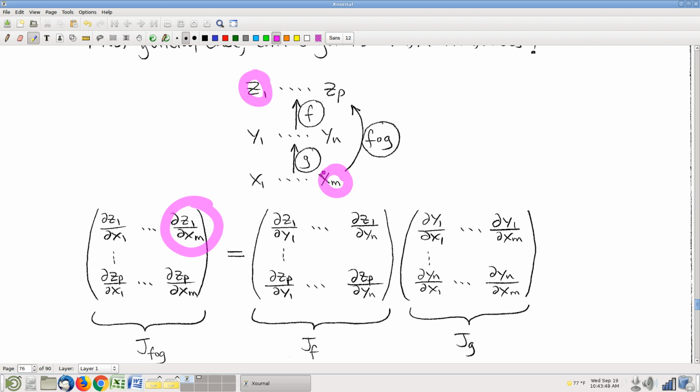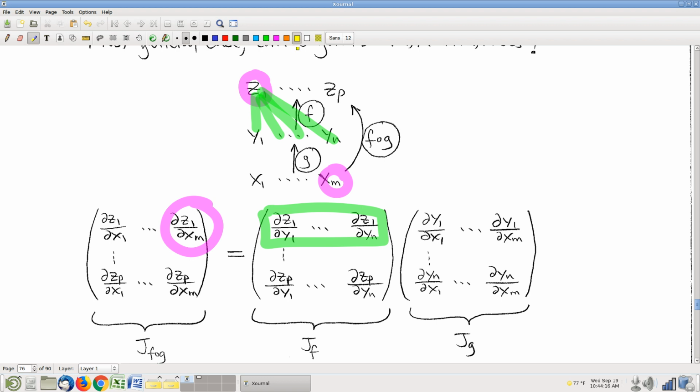Well, I think through all these different paths and write down all the terms, products, etc. Notice that I'll be looking at all of these partial derivatives, the partials of z1 with respect to y1 through ym. Those are this row that we're going to be using in the matrix multiplication.